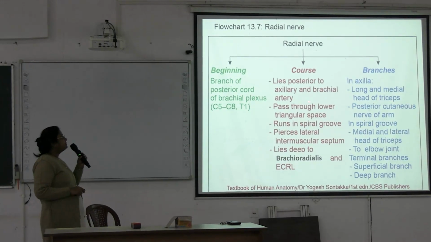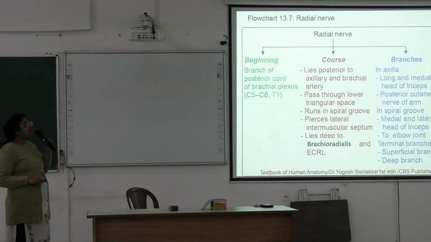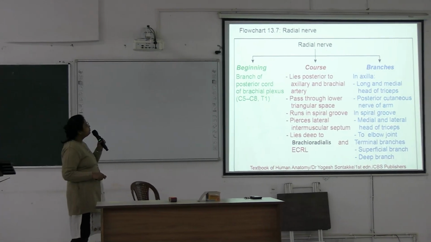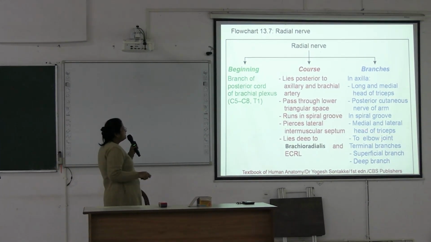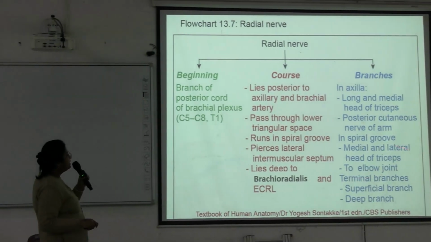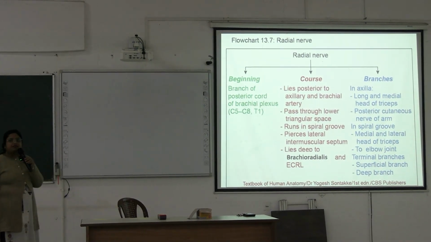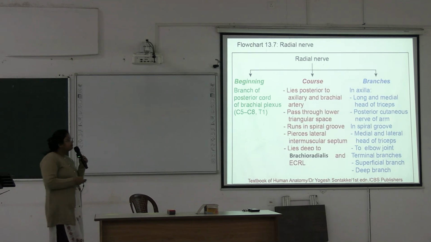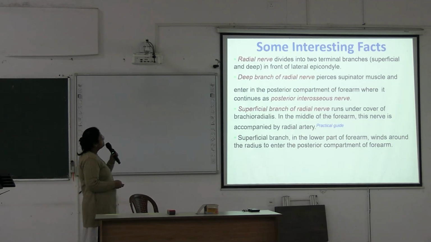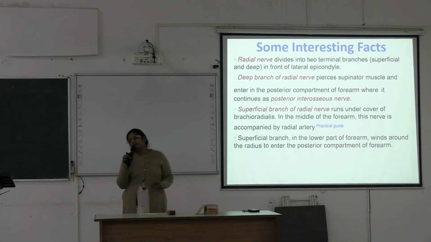In the axilla, it is giving branches to the long and medial head of triceps and the posterior cutaneous nerve of arm. In the spiral groove, to the medial and lateral head of triceps and to the elbow joint. And it gives the two terminal branches, superficial branch and deep branch. Okay. So these are the branches. So radial nerve you prepare as a short note or as part of the long question.